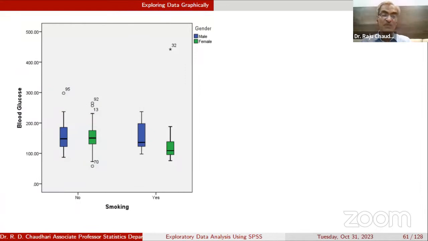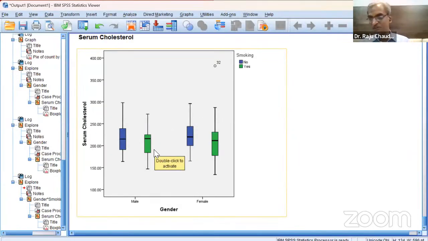Actually this is for blood glucose, and we have created for serum cholesterol. So just try to understand where to use which variable. Recall the first session of the Paraksha, where to use which variable: when to use a numerical variable, when to use a categorical variable, right?